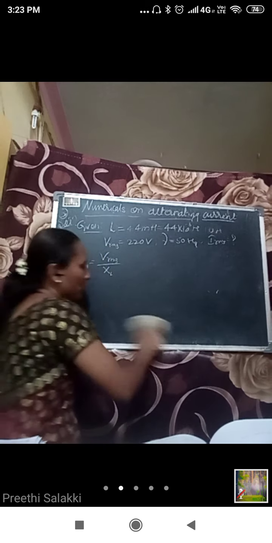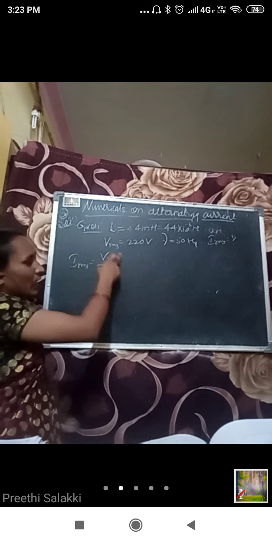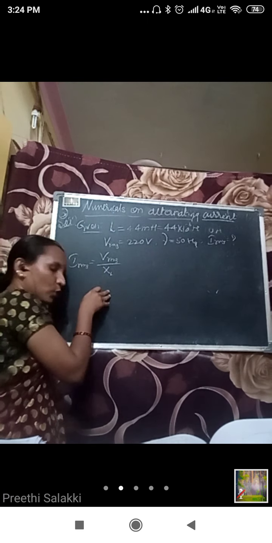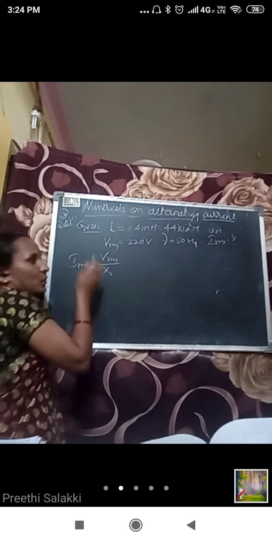You should not get confused that in previous problems also we used R is equal to VRMS by IRMS. Now we are taking XL is equal to VRMS by IRMS, cross multiplied, it gives IRMS equals VRMS by XL. So if you want, calculate the XL separately and substitute, or else go on substituting the simplified formulas, then substitute the values.